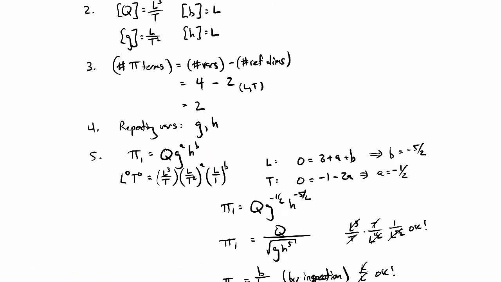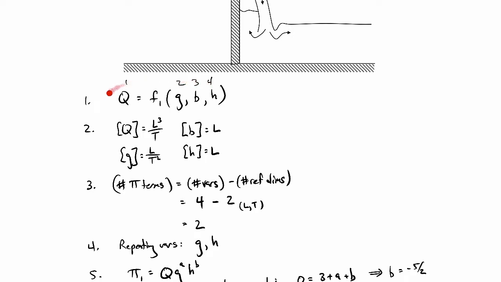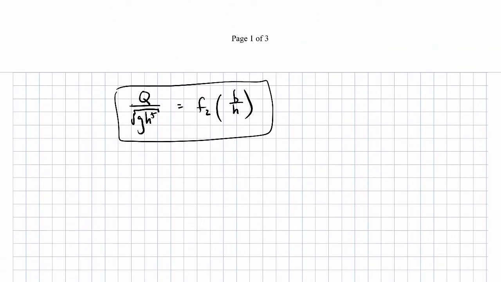So we can rewrite our original dimensional equation here, and it'll look like this. We still don't know what that function is right now. We just know it's some function. Dimensional analysis doesn't necessarily tell you what that function is. We just know that we can rewrite the original equation in this form. That's all that dimensional analysis will tell you.